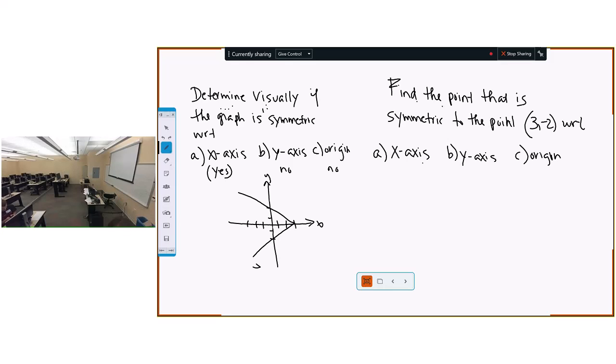Okay, now for the x-axis, we're going to let, well, if I could, I just want to erase with my finger.